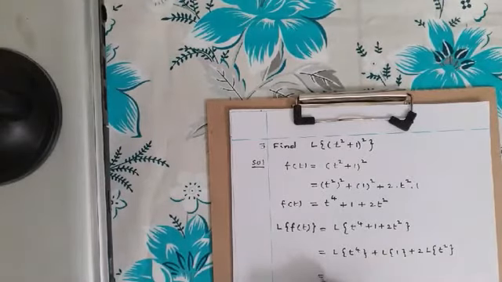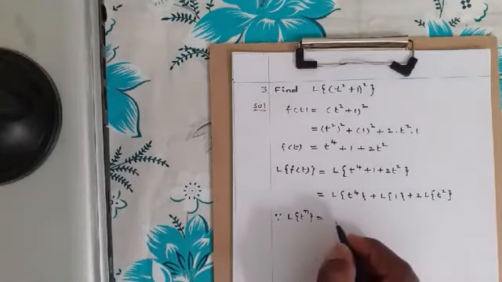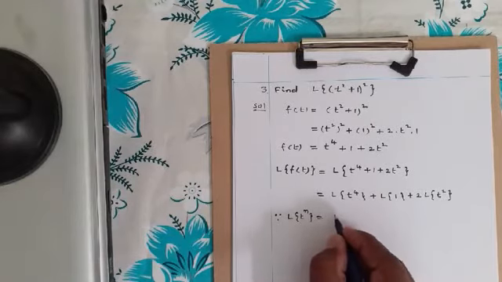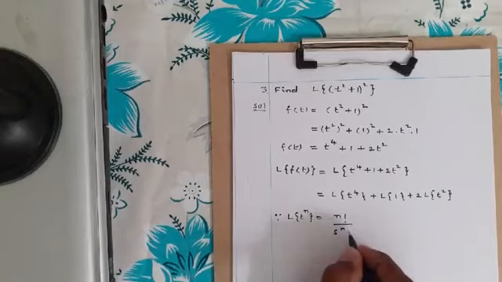Now we have a formula. On the other day I have given you the formula: L of t power n is equal to n factorial upon s power n plus 1.